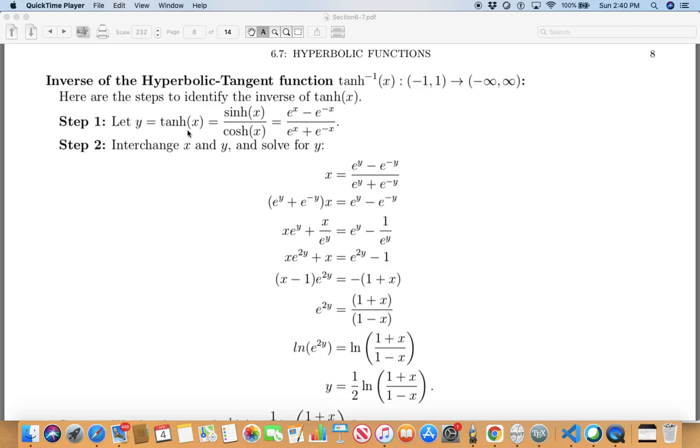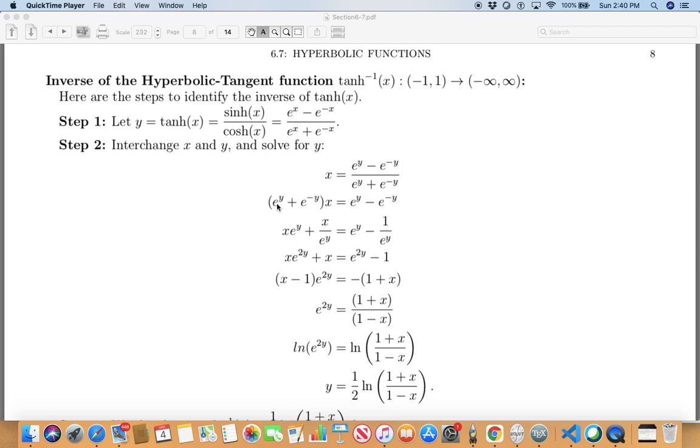Set y equals tan hyperbolic x, that is sine hyperbolic x by cosine hyperbolic x, that is e raised to x minus e raised to negative x, by e raised to x plus e raised to negative x. Step 2, interchange x and y. So x is e raised to y minus e raised to negative y, by e raised to y plus e raised to negative y. Now we want to solve for y.